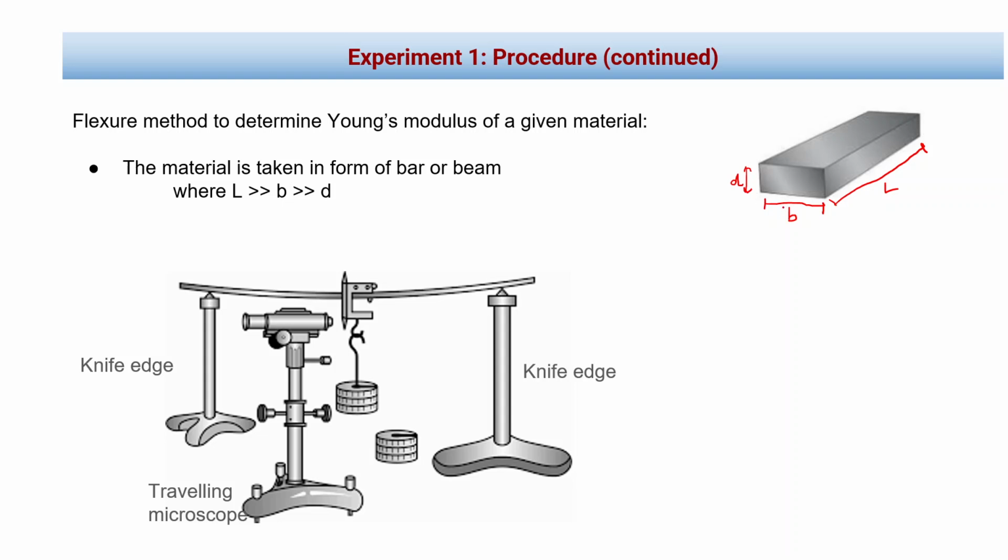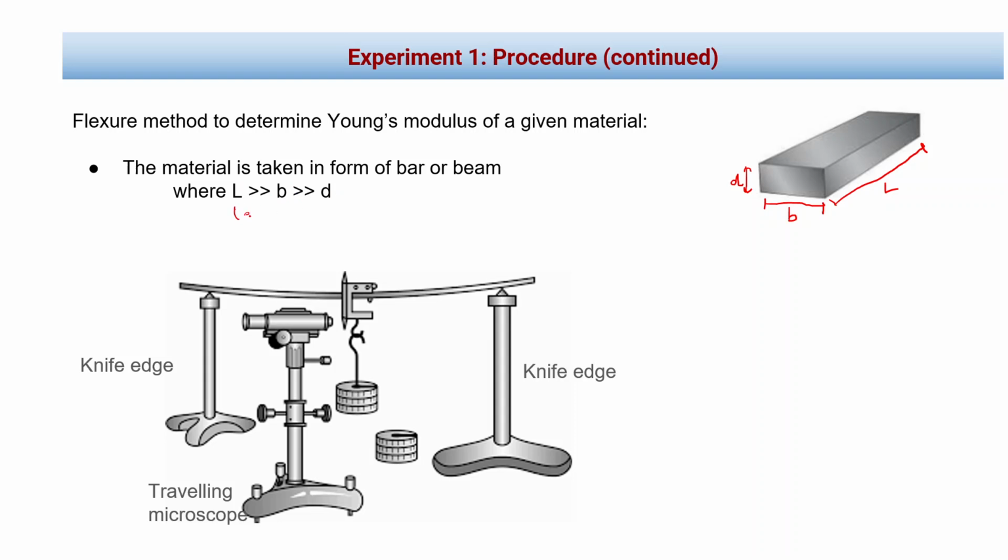So when we want to take a suitable bar or beam for this experiment, the length should be much greater than the breadth or the width, which should be much greater than the depth or the thickness.